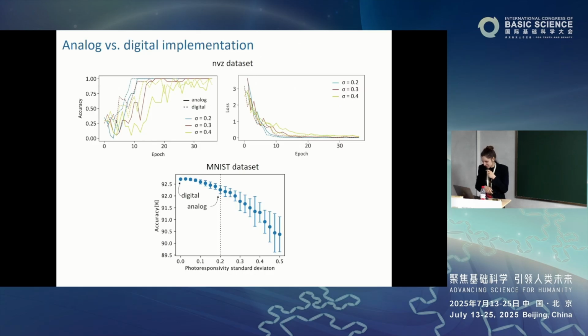Okay, so this is a comparison between digital and analog implementations. Analog is basically our chip, digital is the computer. And this graph is for these 3 letters that I showed before, and it shows you how fast it learns. Epoch is a set of learning data after which the weights are adjusted.